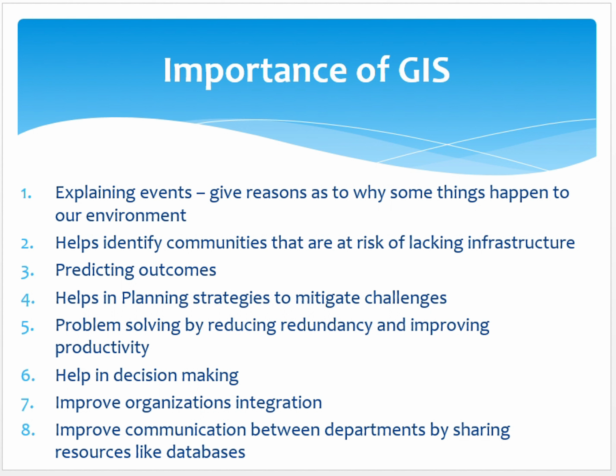Another thing, it helps you in planning and coming up with strategies that can assist you in mitigating challenges. So when you have a system that is geographic in nature, you're able to come up with ways you can avoid serious effects on the people around that area by alerting them and maybe by notifying them of the solutions they need to have.